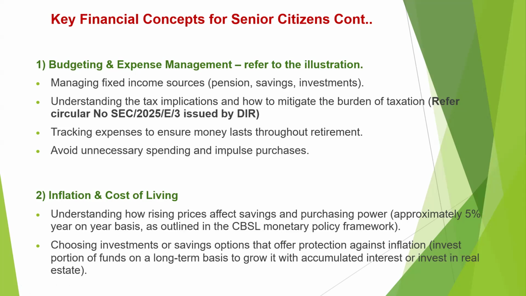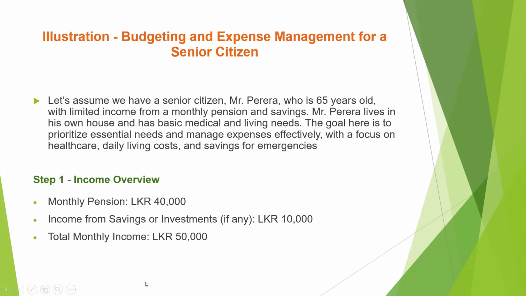Later on there will be certain repercussions. Those are the key concerns senior citizens may come across. Not only senior citizens, even other people may come across them. Other people have some avenues to earn money, but senior citizens won't be able to earn money later on. So they have to live with what they have, right?